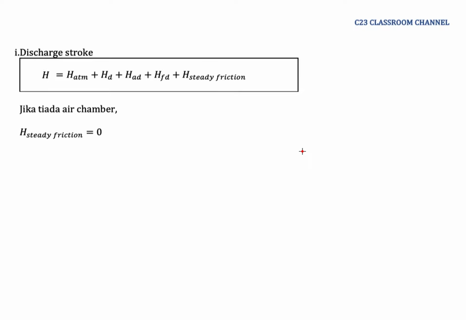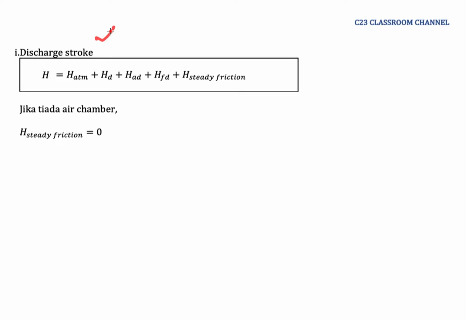And then we go for the discharge stroke. I hope you could understand this one; I already explained it before. In the discharge stroke, or delivery stroke, we need to push the water to the upper level, which means we need to create more pressure to make sure it can push water to the higher level.